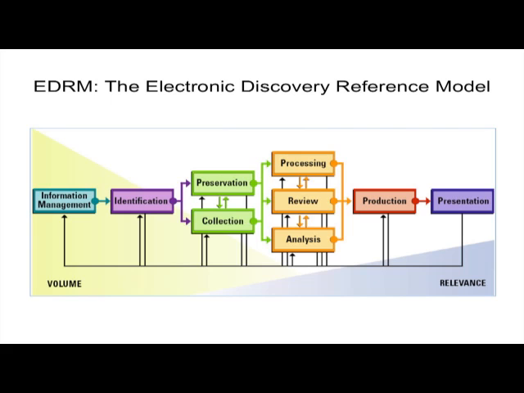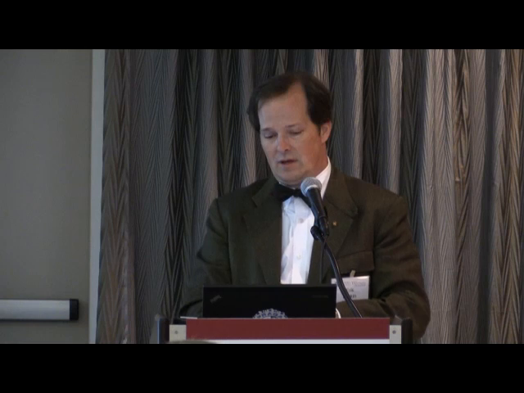Or the identification process can be in conjunction with litigation, where a party understands that there's a reasonable expectation of litigation, and they now need to begin a process of identifying where the data lives.